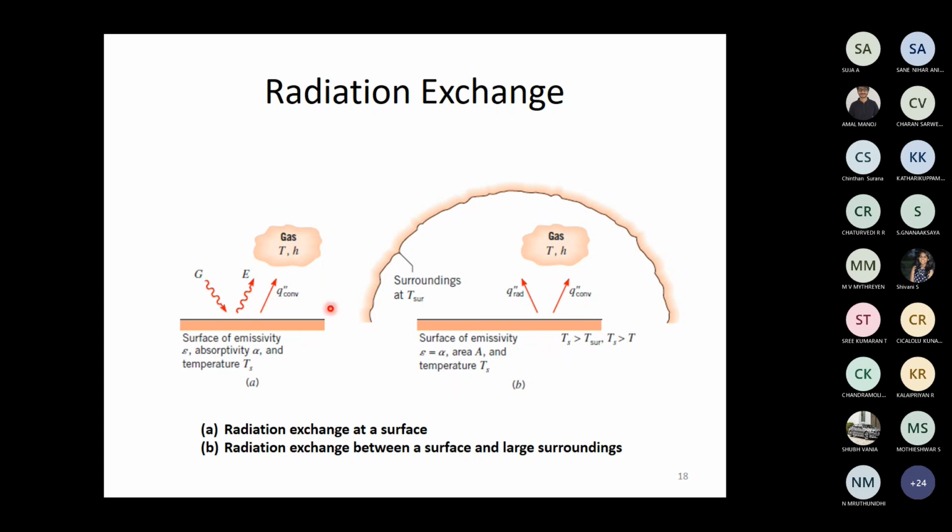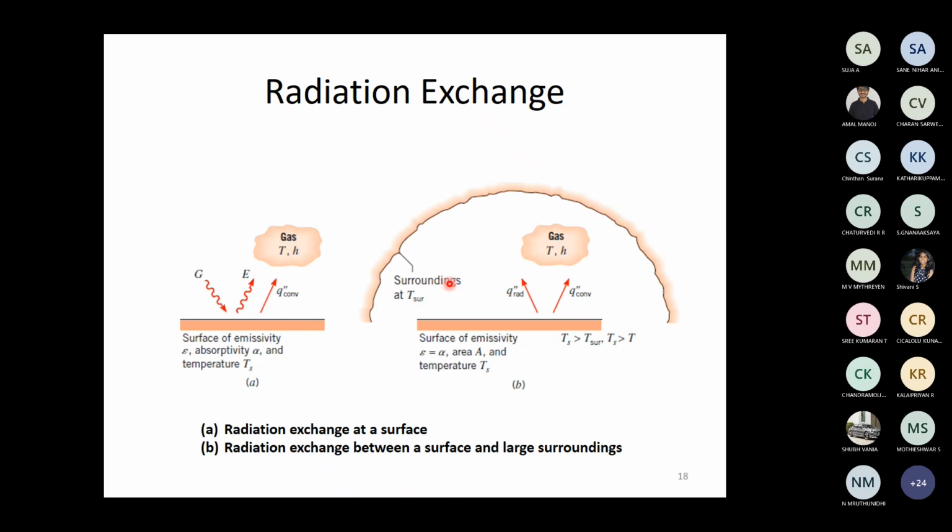So most times we will have to deal with this combination of the modes of heat transfer. This combination is called the conjugate heat transfer. So two different modes of heat transfer are coming into the picture, and sometimes there can also be three modes, but that's a rare case. So this is one example of radiation exchange at a surface.